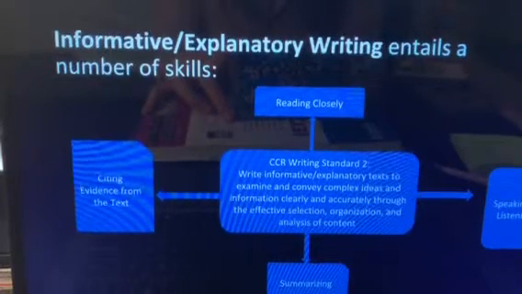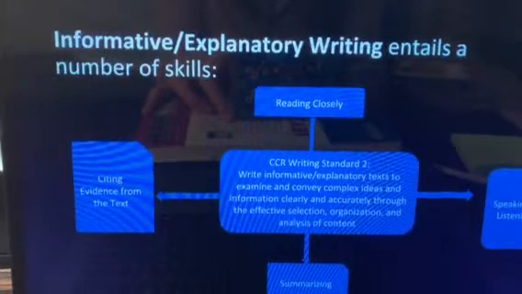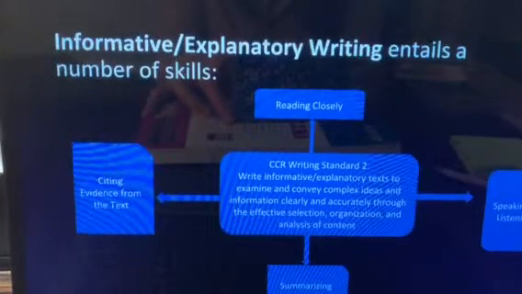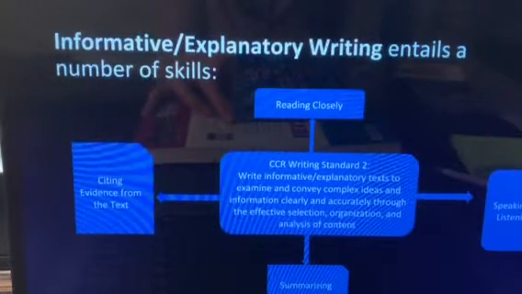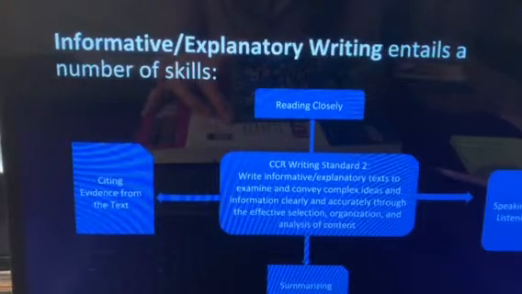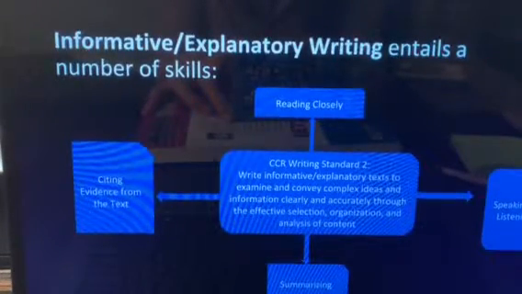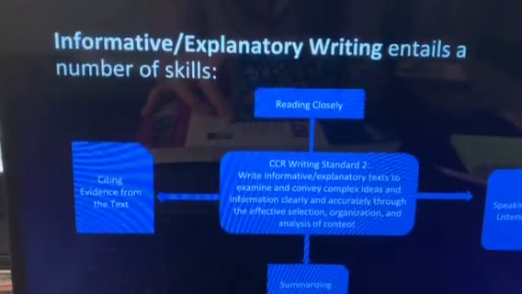So they write the explanatory, informative text to examine and convey ideas and information clearly, and summarize through effective selection, organization, and analysis of the content.